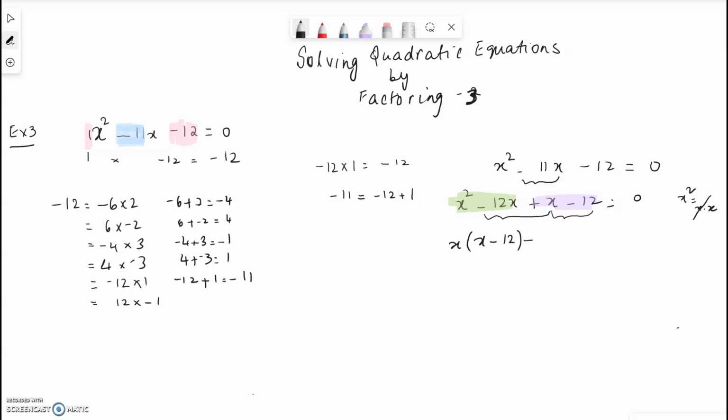We need to factor out either a plus 1 or minus 1, because there is no other common factor between these two terms, but we need to make sure that we have x minus 12 as a factor. So the only factor that will work is plus 1. So we factor out a 1 and we're left with x minus 12.